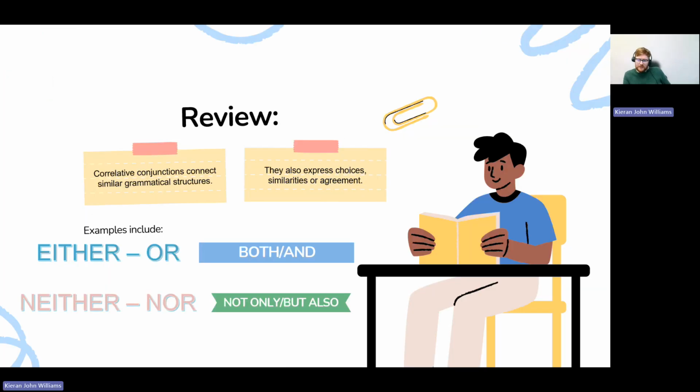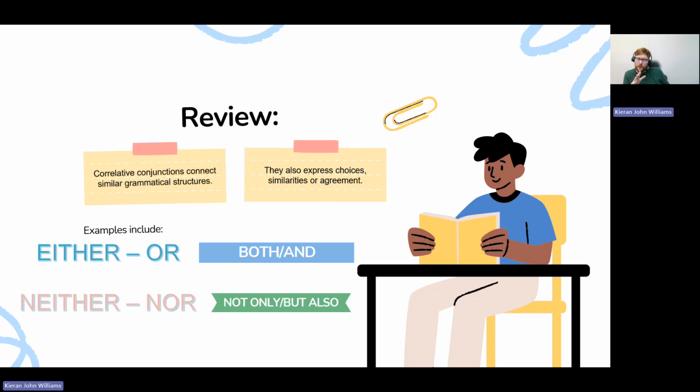Okay, so let's have a little bit of a review then. Correlative conjunctions connect similar grammatical structures together. They can express choices, either this or this, or negative choices, neither this nor this. It can suggest similarities, or it can suggest agreement.